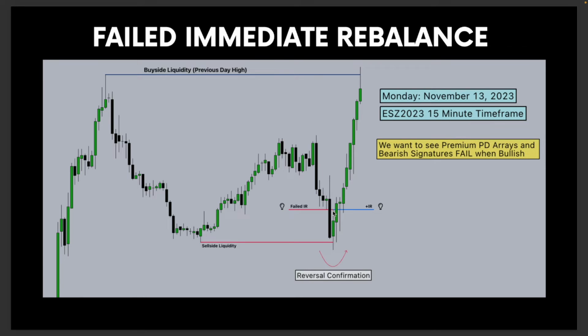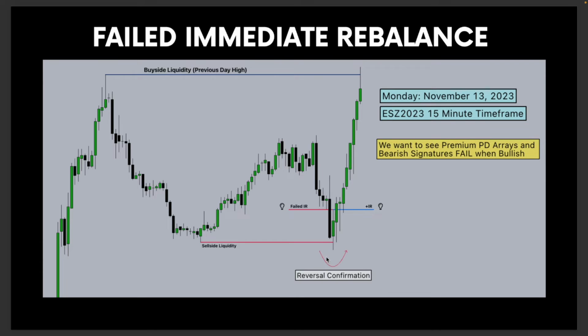What should have happened here if we were bearish and we were going to dig to a deeper discount, right? For deeper sell side. We get the immediate rebalance, a bearish immediate rebalance here, right? This candle goes up into this wick. What should have happened if we were bearish? These next 2 candles should have expanded lower.